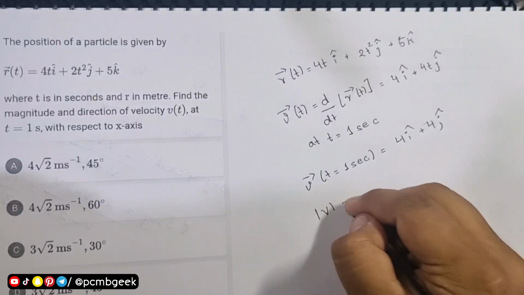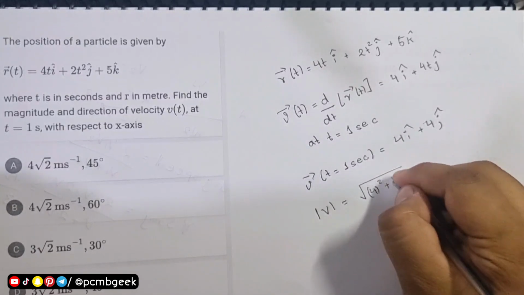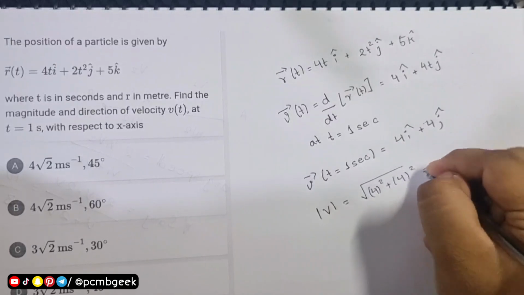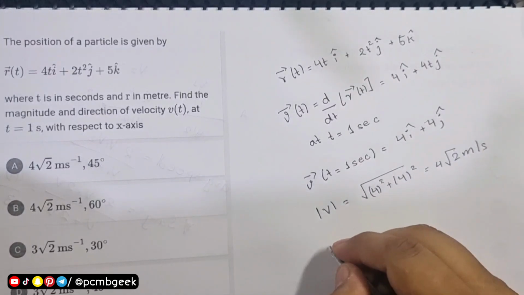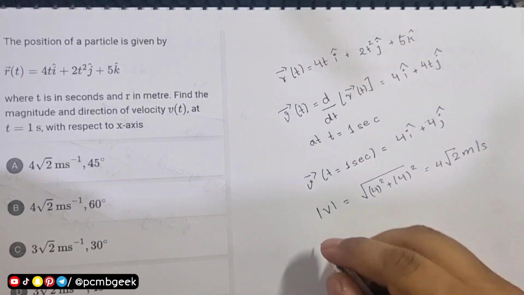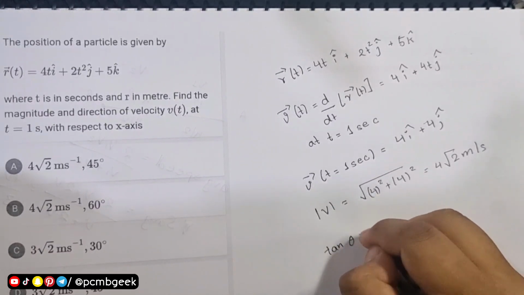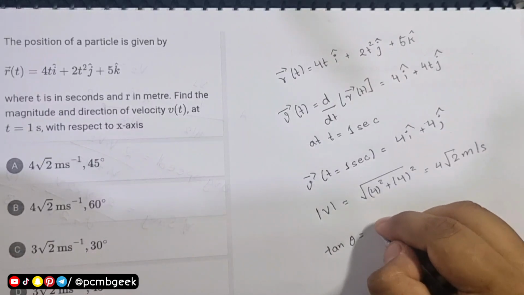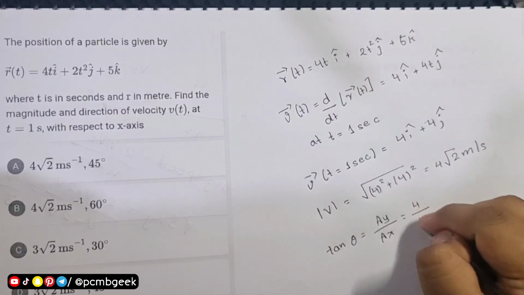Magnitude of velocity equals under root of 4 square plus 4 square, that is nothing but 4 under root 2 meter per second. Now the angle with respect to x-axis is nothing but tan theta equals ay divided by ax, that is 4 divided by 4, that is 1.